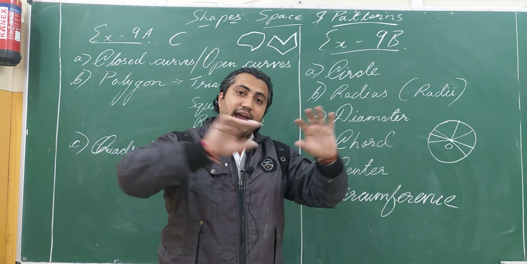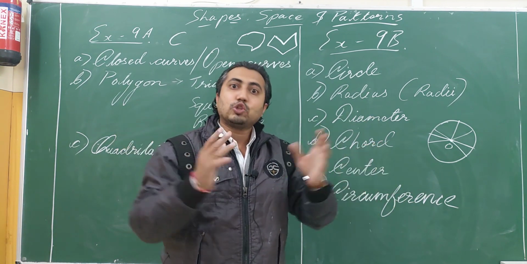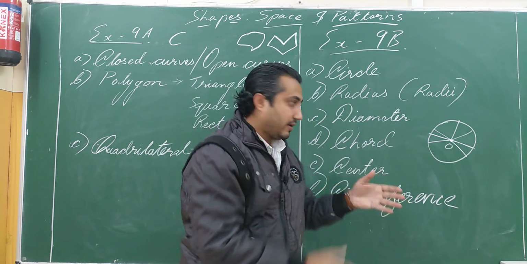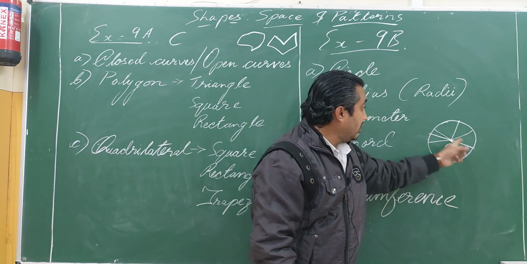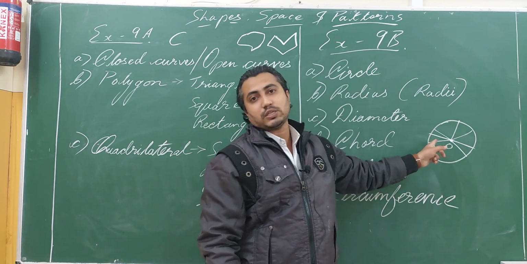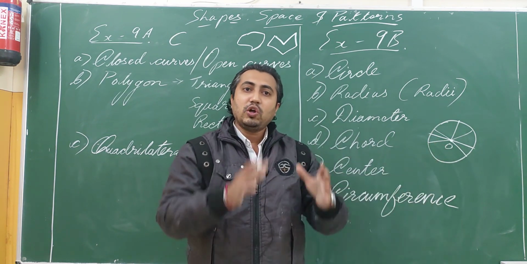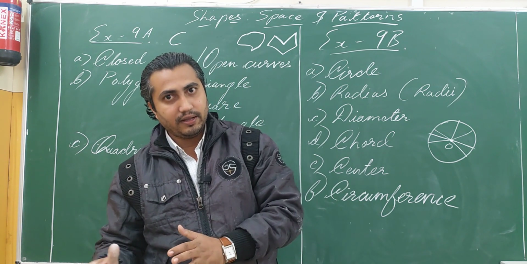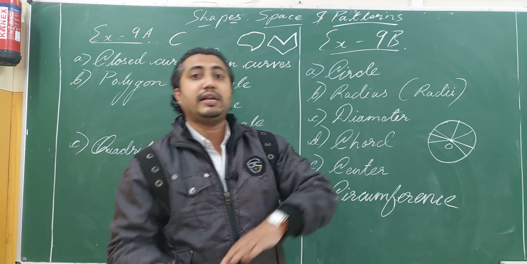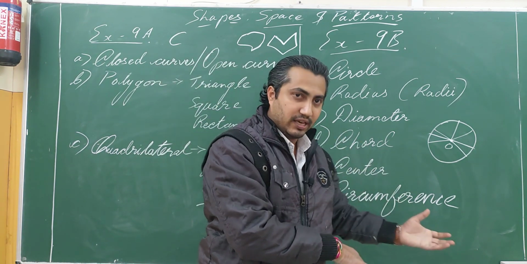Okay, और अगर एक diameter 10 centimeter है, तो this is 5 centimeter, this is 5 centimeter. So radius is the half of a diameter. A diameter is the double of a radius.